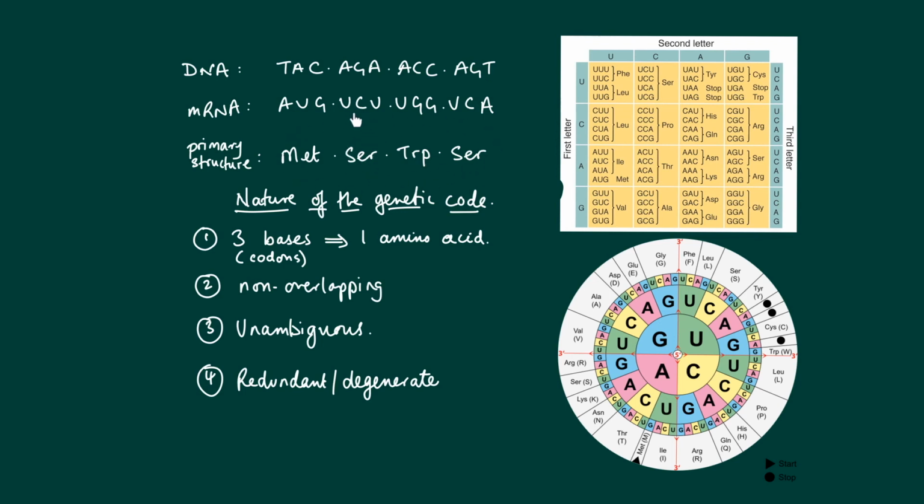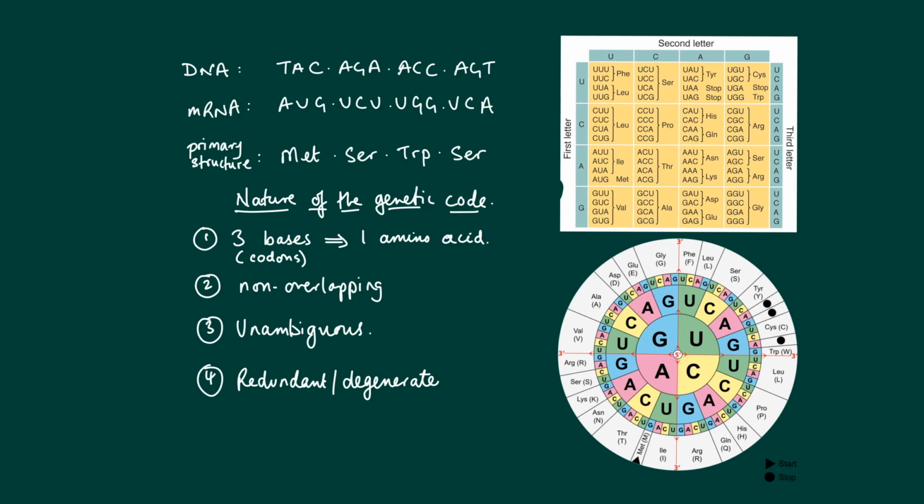Serine, UCU gives rise to serine, but UCA also gives rise to serine. You see? So because there can be more than one codon that gives us serine, that is referred to as the genetic code being redundant or degenerate. So that's what it's referring to.